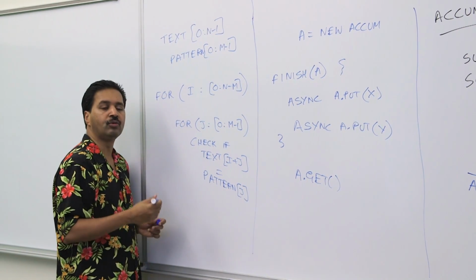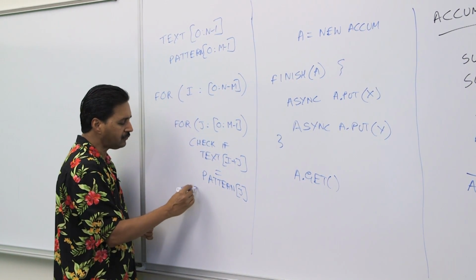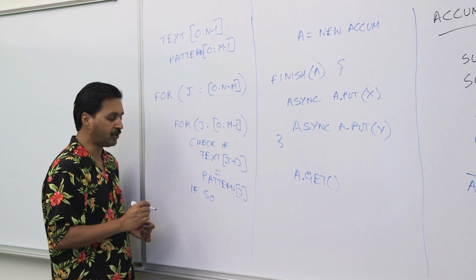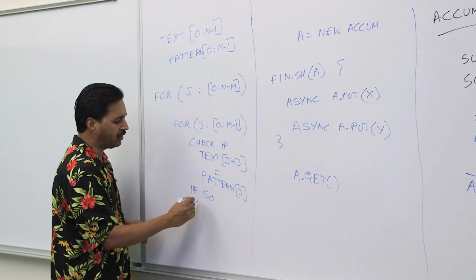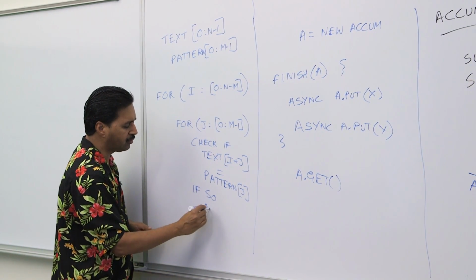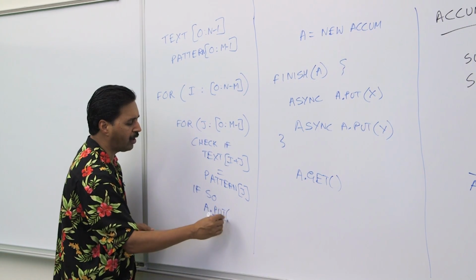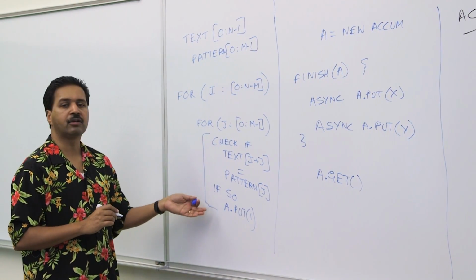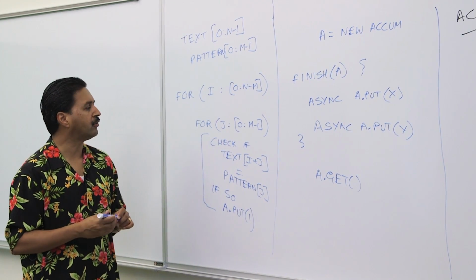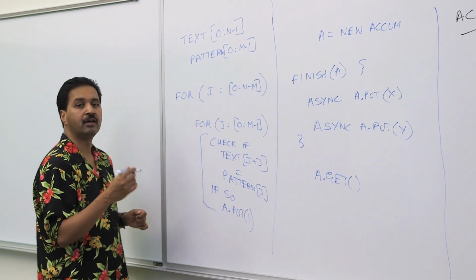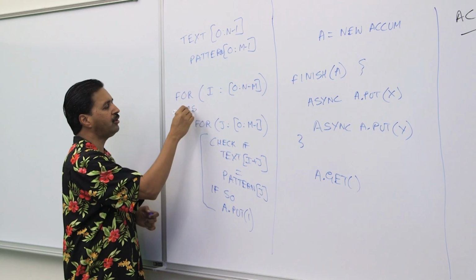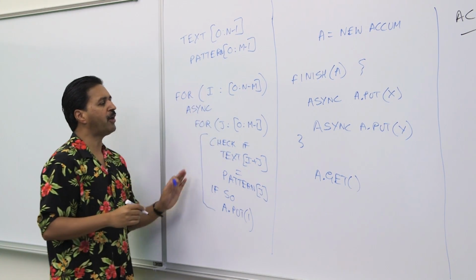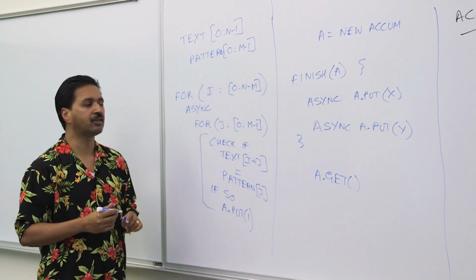And if we want to keep track of the count of occurrences, we can do a put in an accumulator of 1. And then when we are done, the accumulator will give us the total count of all occurrences of the matches. Now what's interesting is if we put an async over here, all these matches for different positions in the text can go in parallel.